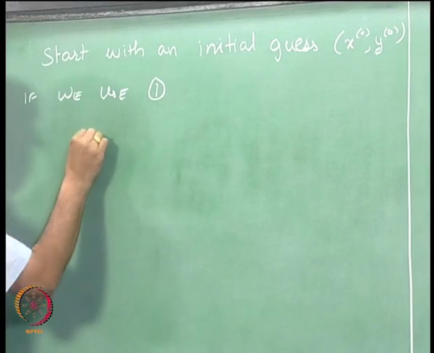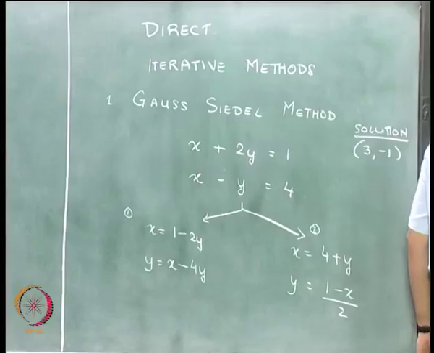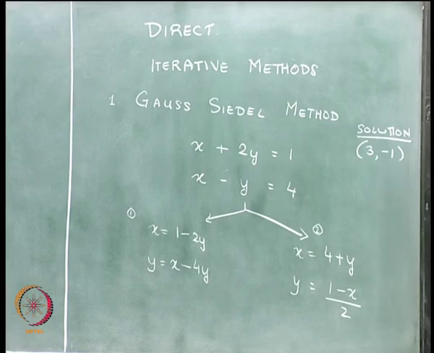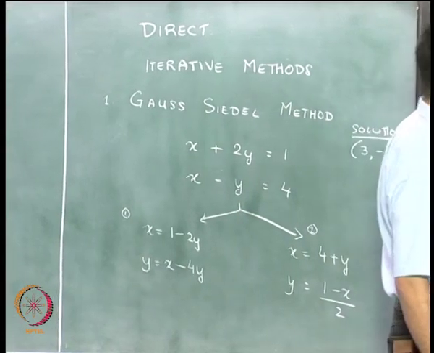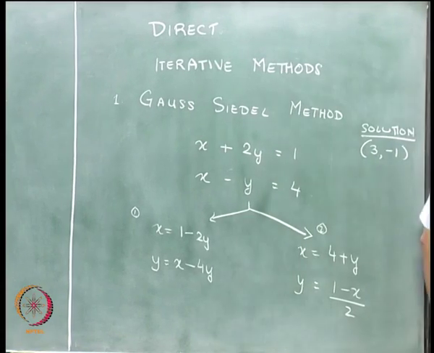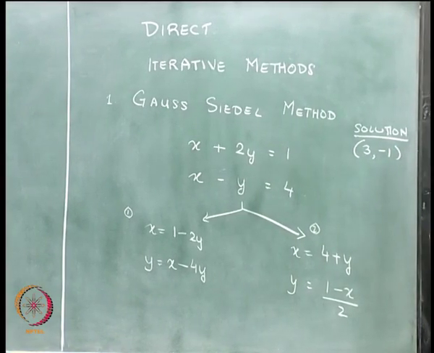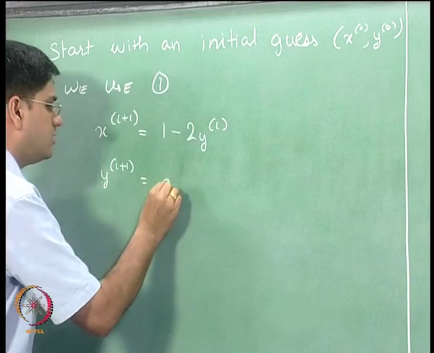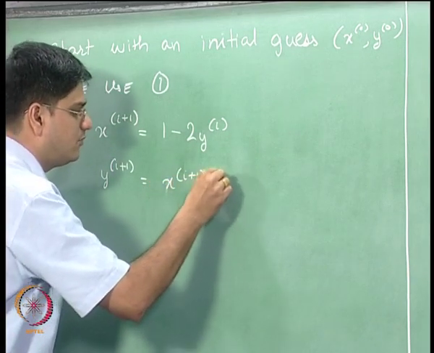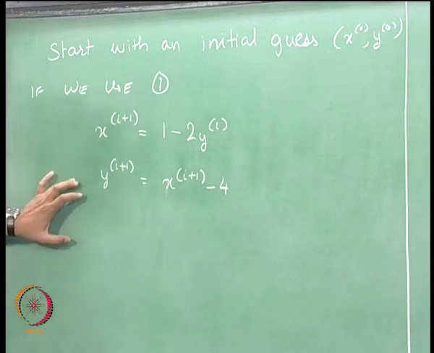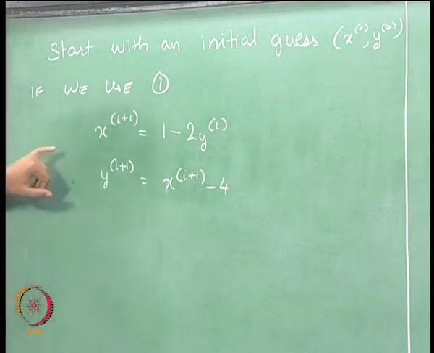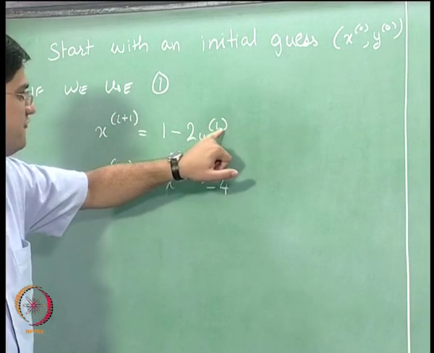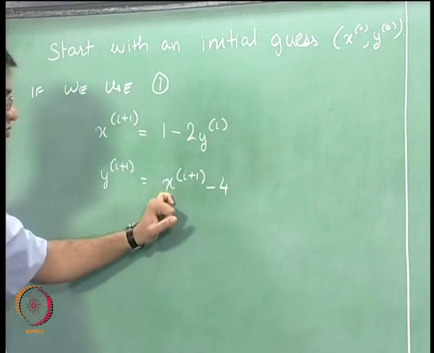We write x(i+1) equal to 1 minus 2y, with y the value at the ith iteration, and then the second equation we write as y(i+1) equal to x(i+1) minus 4. So these are the two equations we are going to use. Notice what we have done: in the equation for x we have used the previous value of y(i), and in the equation for y we have used the newest value of x.